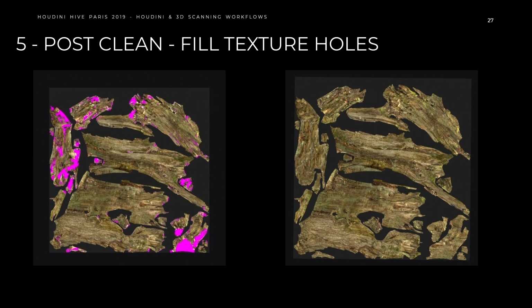You can use Photoshop and Mari or whatever you want and just clone stamp the missing areas. Maybe there will be some solution in the future using texture synthesis, where you can just synthesize the missing parts. But for now, you can just have a coffee and do that manually with a clone stamp.